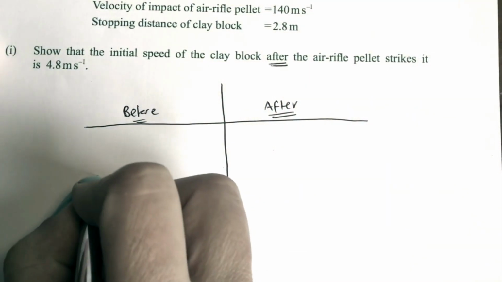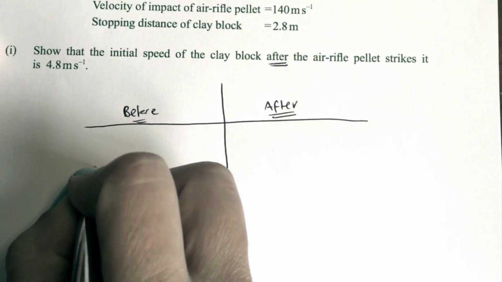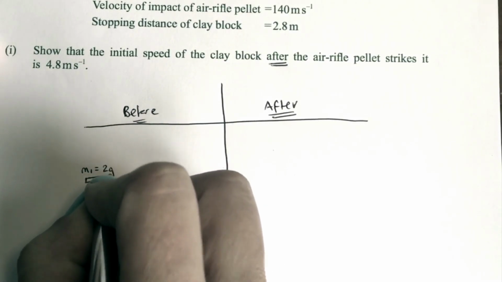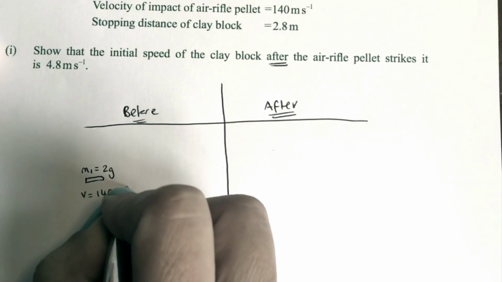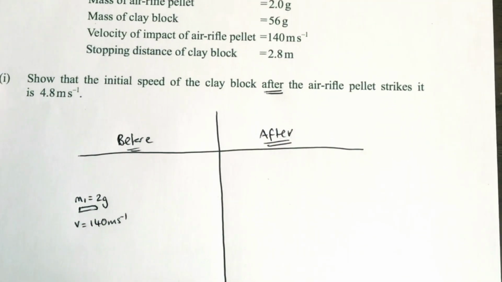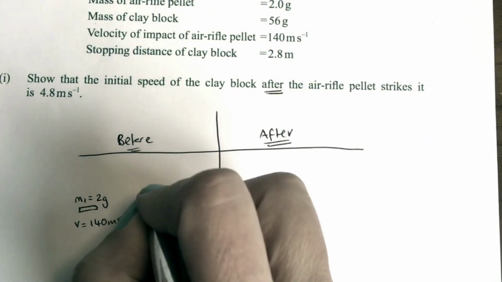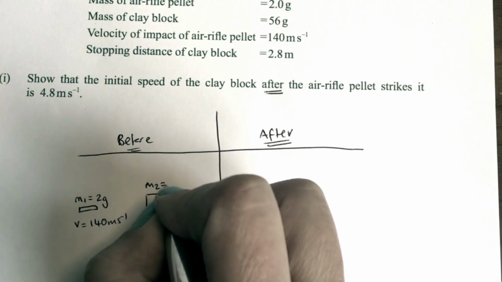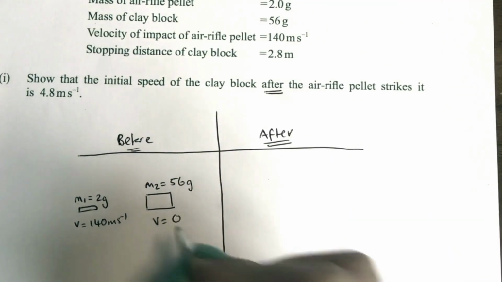Before, we have a pellet that has a mass of 2 grams and a velocity of 140 meters per second, and that's given in the question. That is being fired at a stationary mass of clay, which has a mass of 56 grams and a velocity of 0.